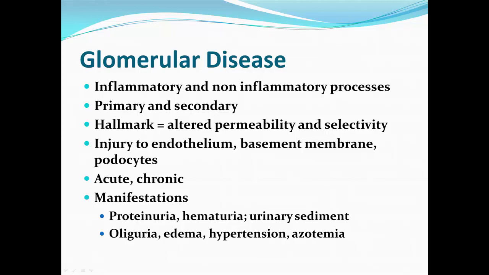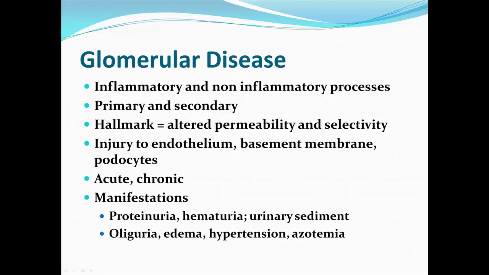Now the podocytes form little slit pores or gaps in the membrane. And when the podocytes become damaged, those pores or gaps become wider or greater. And that tells us that the membrane has been damaged.